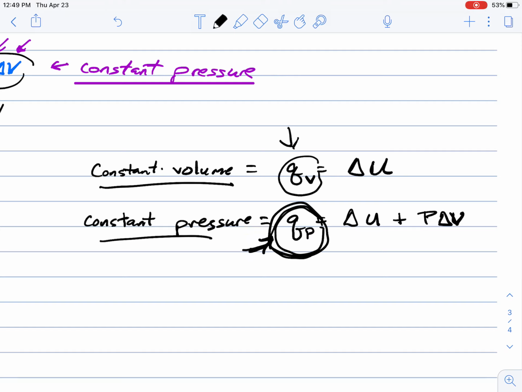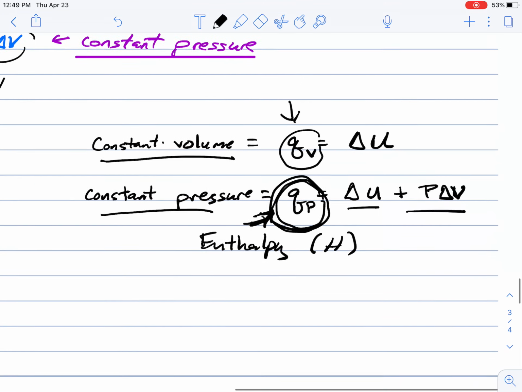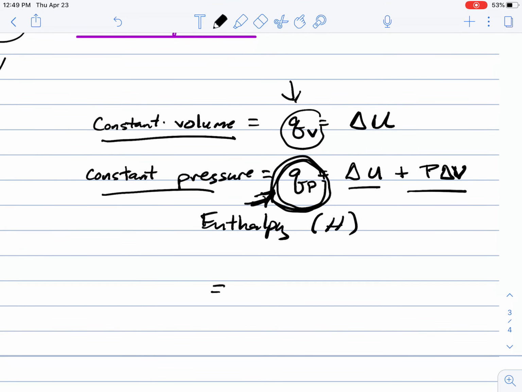Instead of saying QP is equal to delta U plus P delta V, we're going to represent QP as enthalpy, which can be abbreviated as H. Therefore, enthalpy, or H, is equal to delta U, the change in internal energy, plus P delta V. And so we now have a definition of enthalpy, which is another state function.